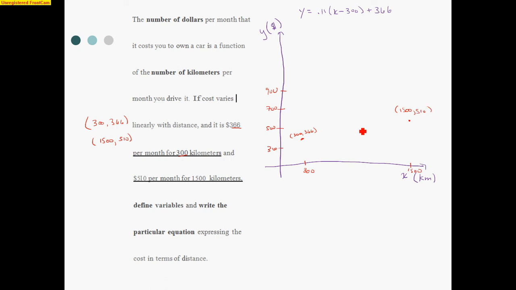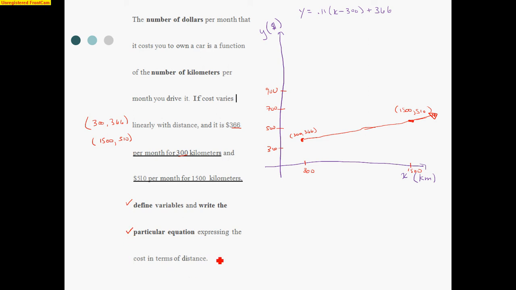Now it's a little difficult to do a straight line with this. So I'm just going to do this for right now, but I've completed everything they want. I defined the variables, I wrote the particular equation.